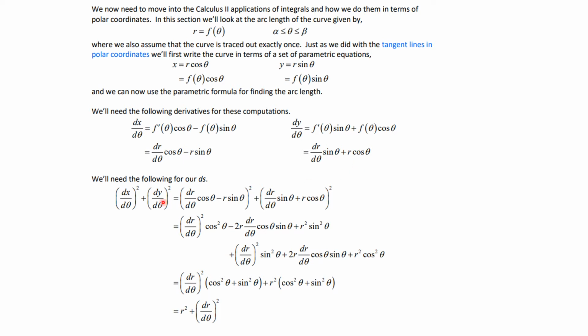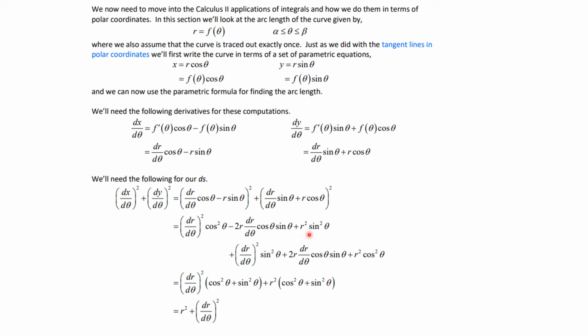And what we're going to put under the square root is dx d theta whole squared plus dy d theta whole squared. So I'm going to be squaring this plus squaring this. And when I expand it, some nice things happen. What you see is here is dr d theta whole squared times cosine squared. And over here I will have dr d theta whole squared times sine squared. So cosine squared plus sine squared is 1, so that ends up being dr d theta whole squared.